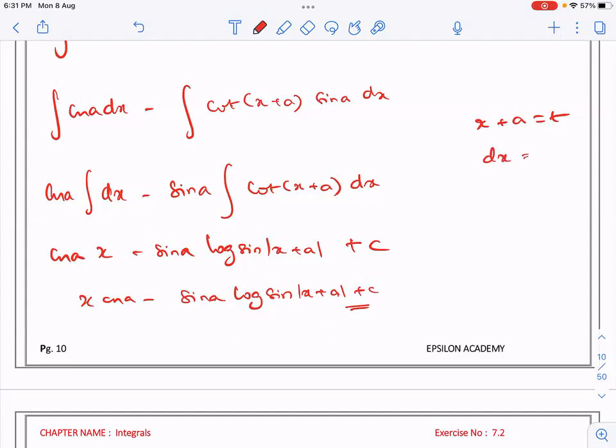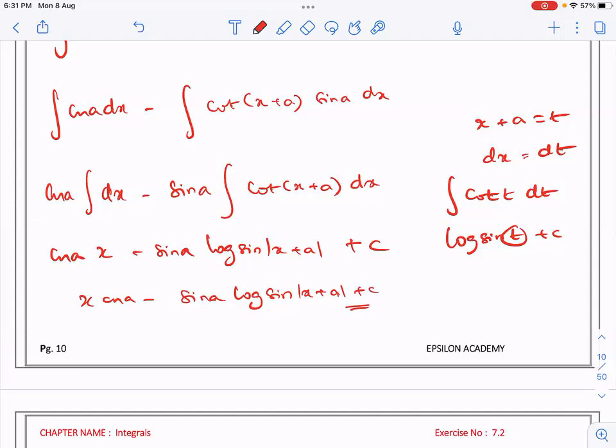If you take x plus a as t, then dx will be equal to dt. Accepted? So what will happen? Integral of cot of x plus a, can I write it as cot t dt? Integral of cot is what? Log sin t plus c. But what is t? x plus a. So whenever the power of x is 1 and the coefficient of x is 1, don't overthink. x can be added to any constant you want.